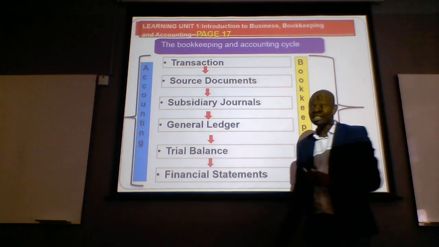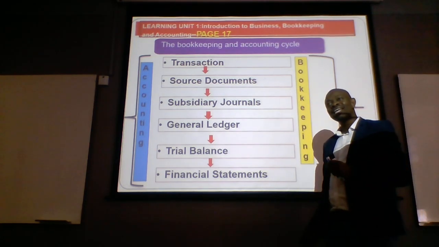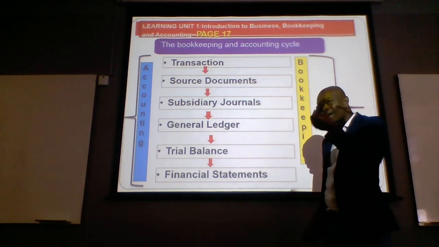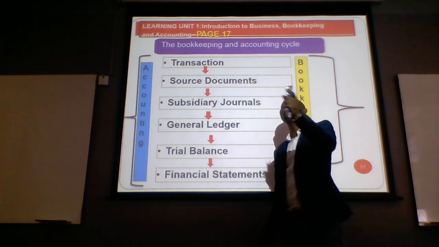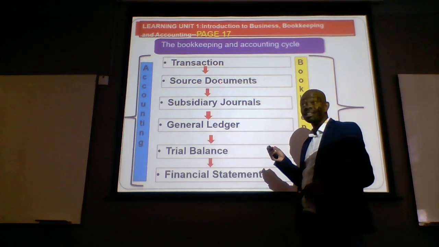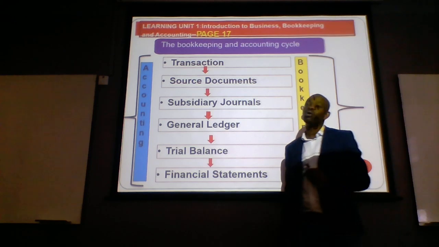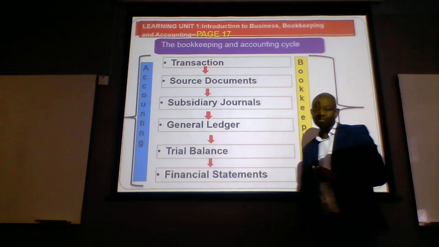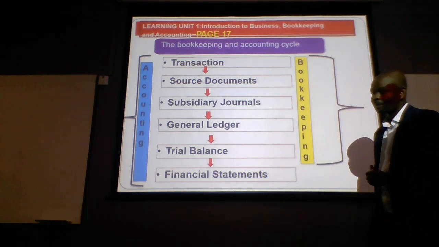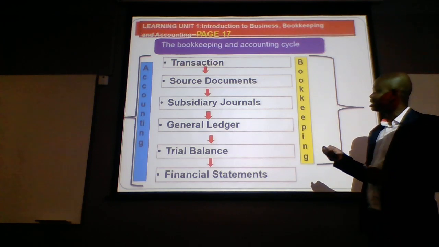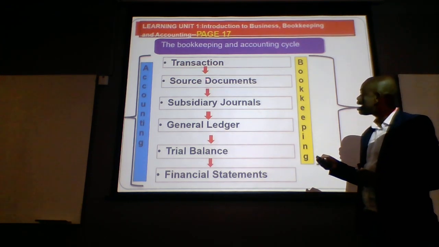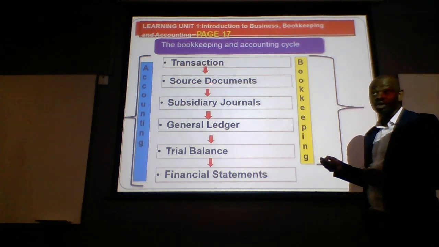That's why when the auditors come, they ask for that file, because they're going to randomly select what? Yes. So they must choose their own source documents. So far, a transaction takes place, and that transaction is summarized on the source document.